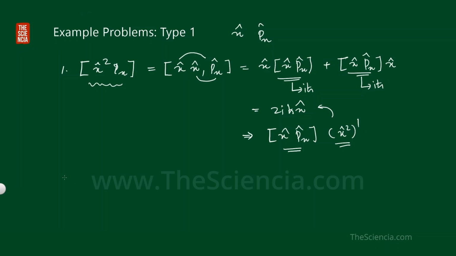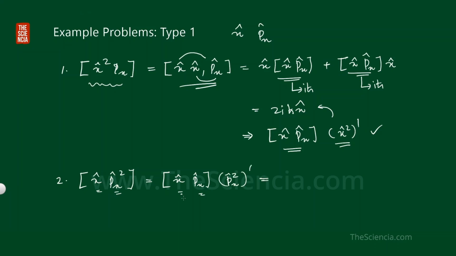Another example: commutator bracket of x cap, px cap square. Here also we can do it by this method. What is this method? We write the commutator bracket x, px. See, the order is the same here also. And px cap square is a function of px, so we take its derivative.